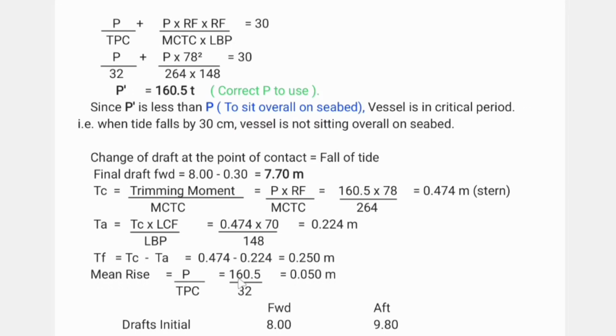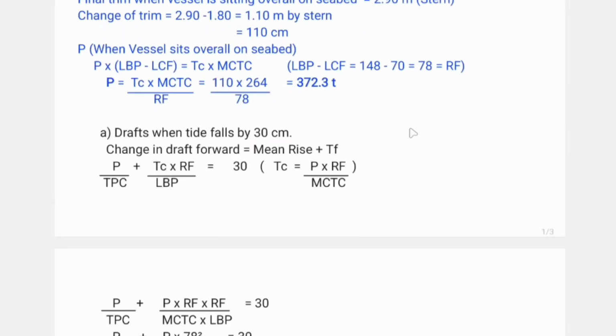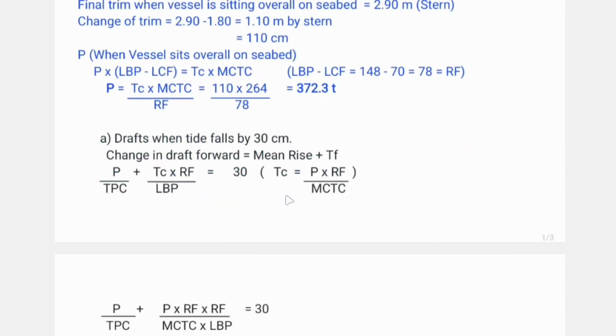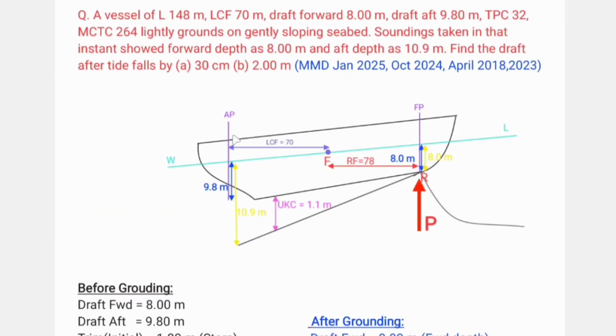Why have I taken this P? This P, 160.5 ton, is the upthrust force that will be acting at point R when the tide falls by 30 centimeter. And don't use this P, that is 372.3. That P is for when the vessel is sitting overall on the seabed.